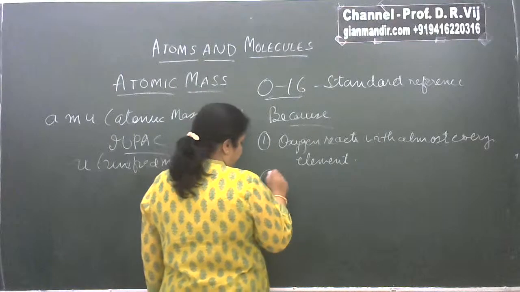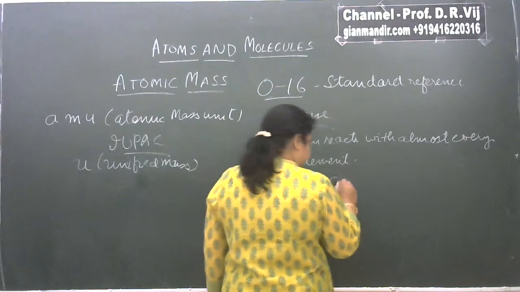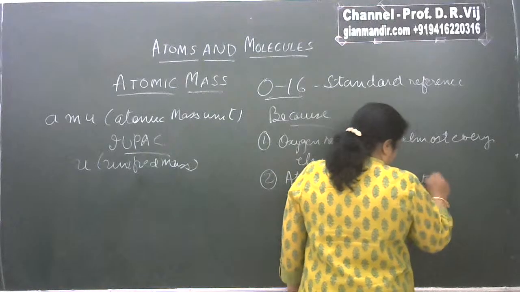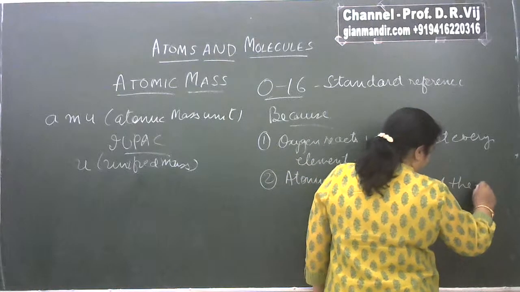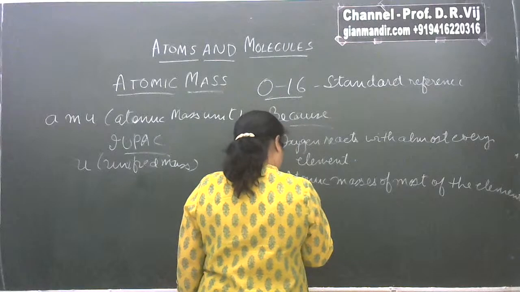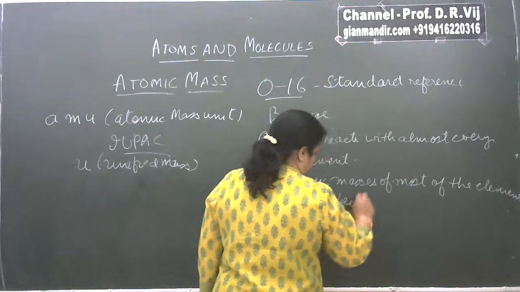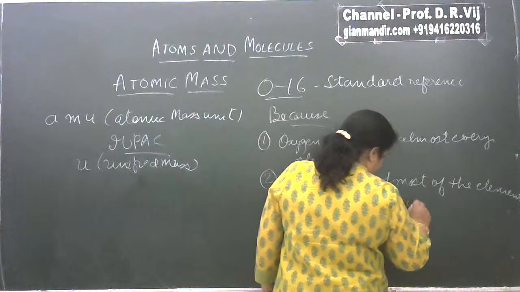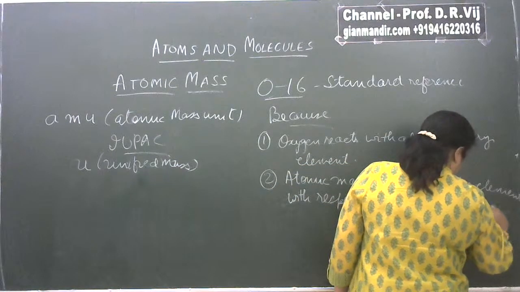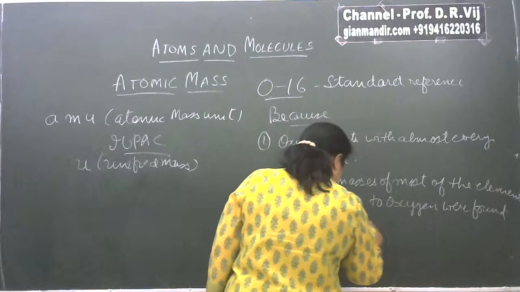And the other reason was that the atomic masses of most of the elements with respect to oxygen were found to be whole numbers, right?